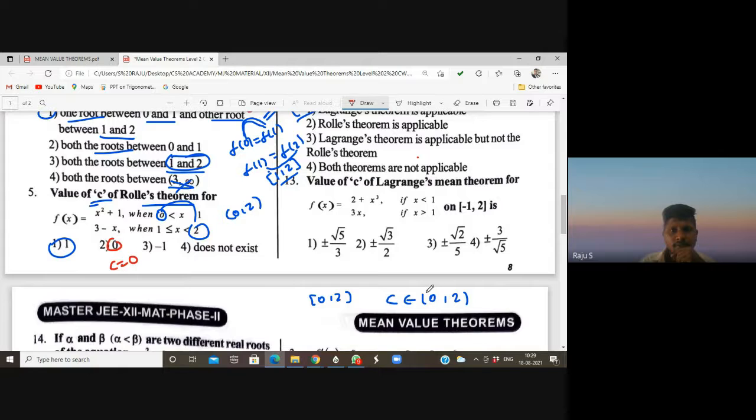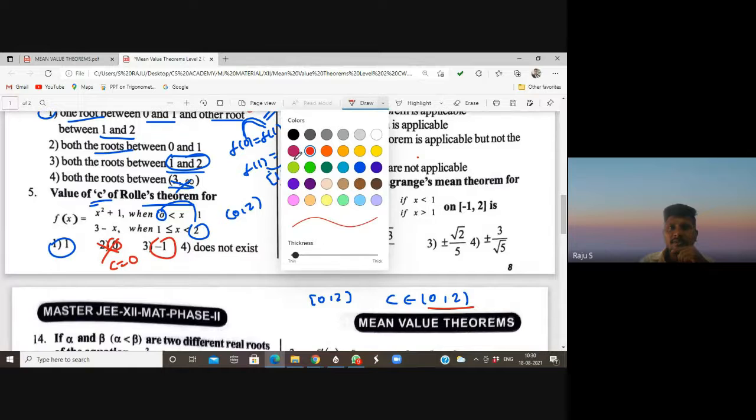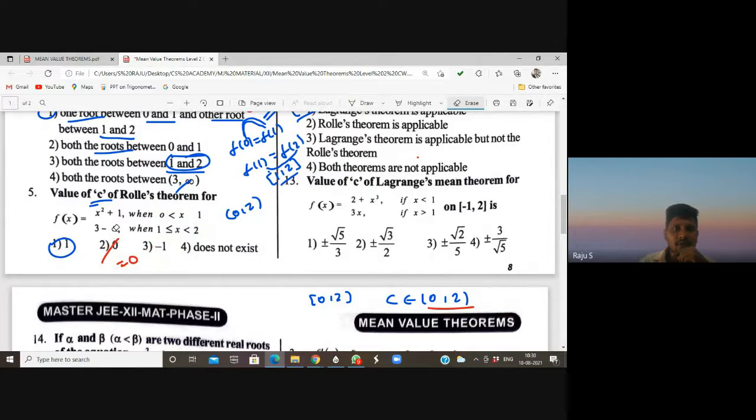No, sir. Second option not possible. Does minus 1 belong to the given interval? No, sir. Only 1 is possible. Now at 1, I want to check whether it is differentiable or not.